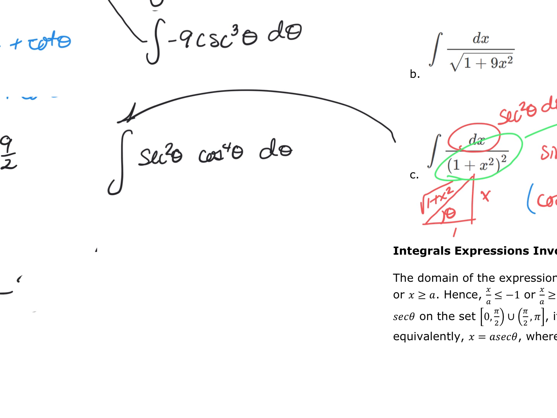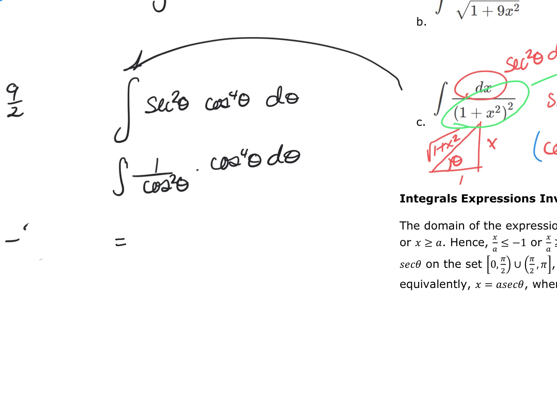Now, the relationship between secant and cosine, secant squared is 1 over the cosine squared of theta, multiplied by the cosine to the 4th of theta, d theta. This then becomes just integration of the cosine squared of theta d theta.